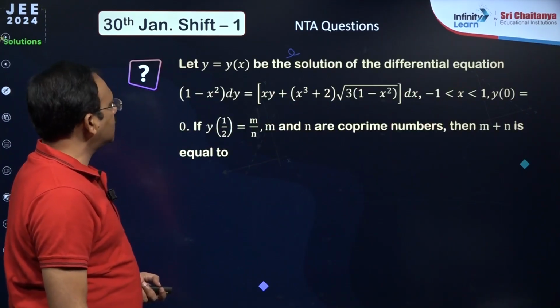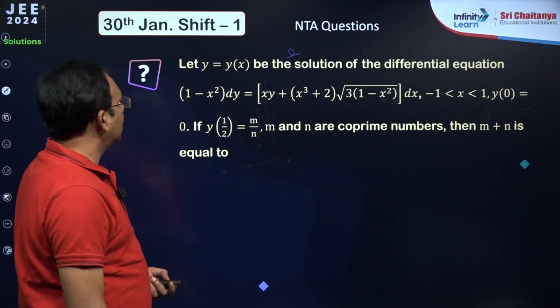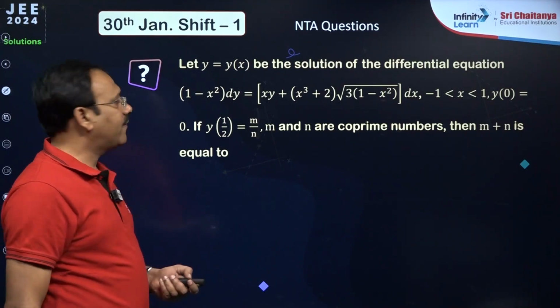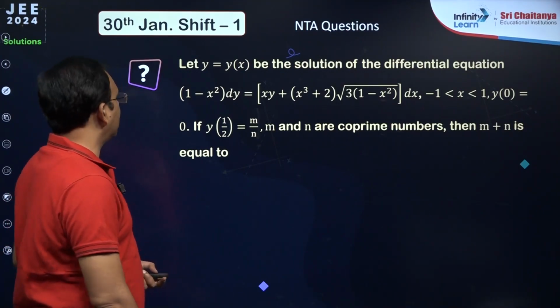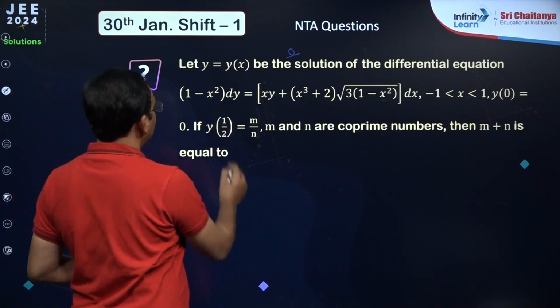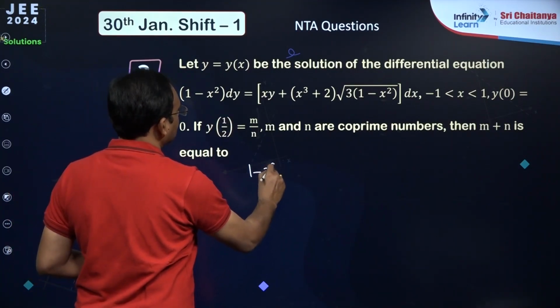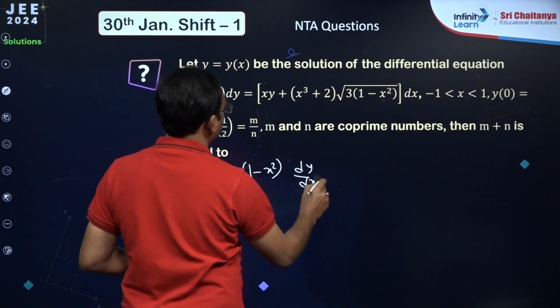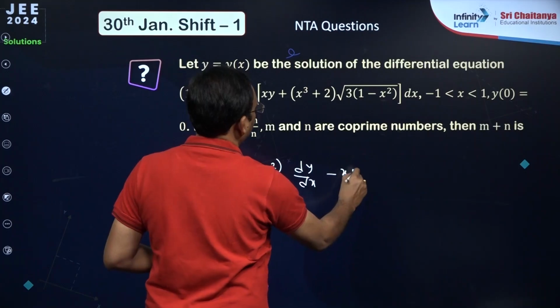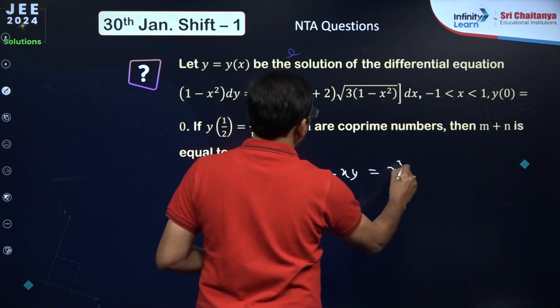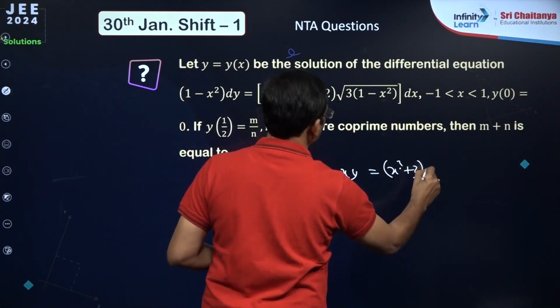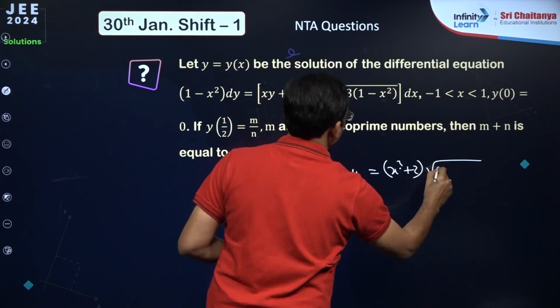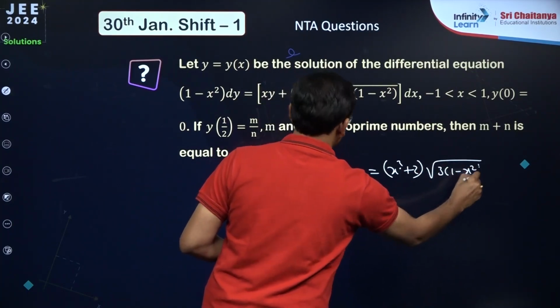Next, you see, this is the differential equation given. So the second question is on differential equations: the solution of the differential equation. You can write here, my dear friends, (1 minus x²) dy/dx minus xy equals x³ plus 2√3 into √(1 minus x²).